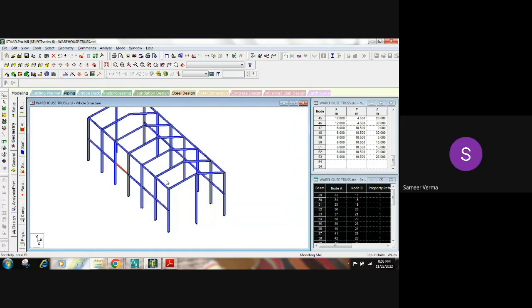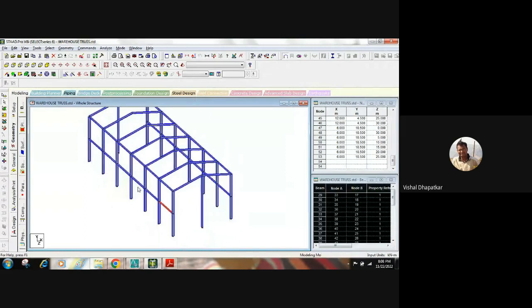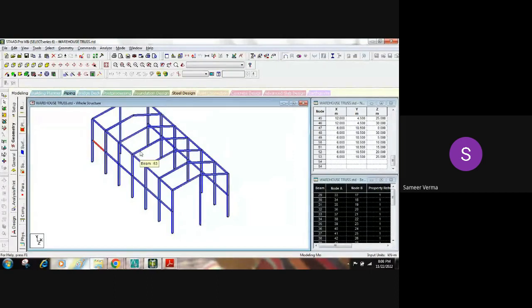Bracing also we can add. Yes, we can add bracing. And if we don't add bracing, what will happen? Will it be the same length or will it be reduced by just providing these beams? If we add bracing, then the effective length will be reduced.